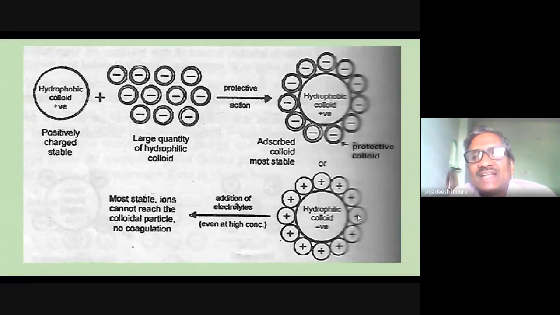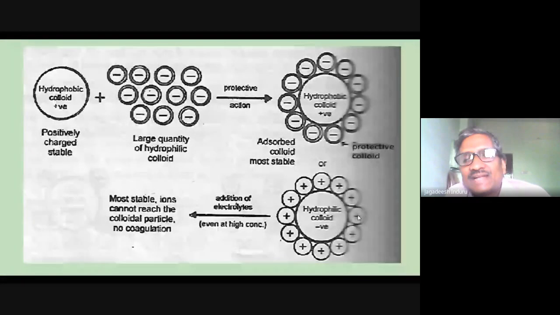On the extreme right, if you see it, the positively charged hydrophobic colloid has a continuous layer of hydrophilic colloid, and it behaves as a hydrophilic colloid, and it will be more stable when compared to the original unstable lyophobic colloid. If you add any electrolyte to this, you can have the opposite phenomenon also.